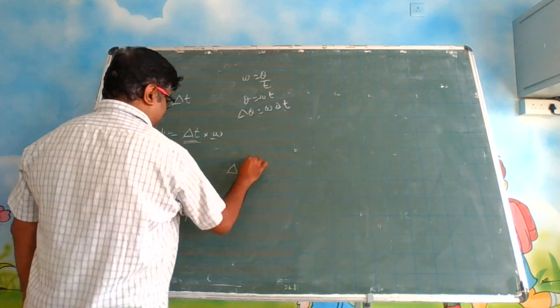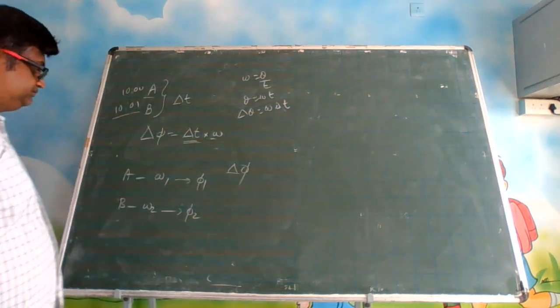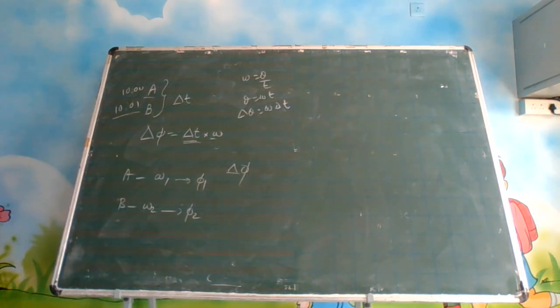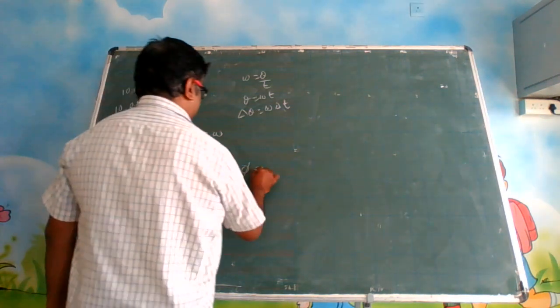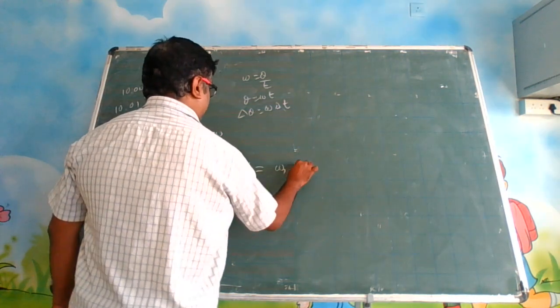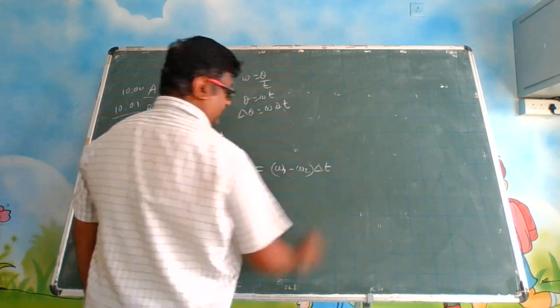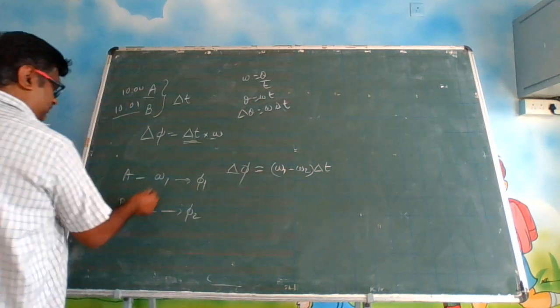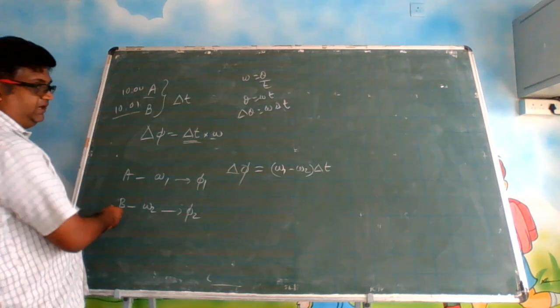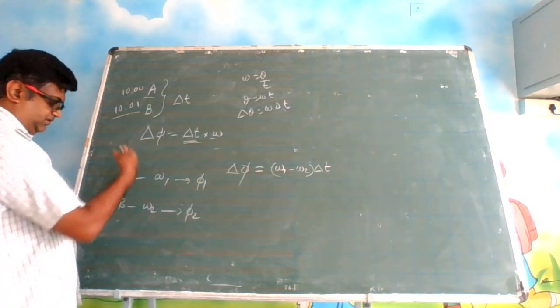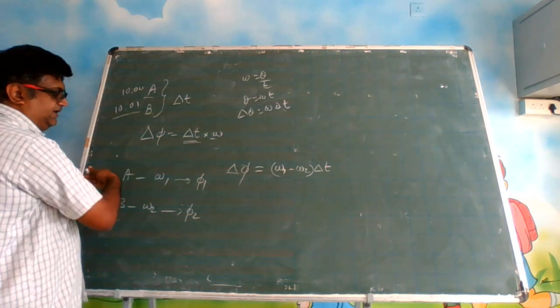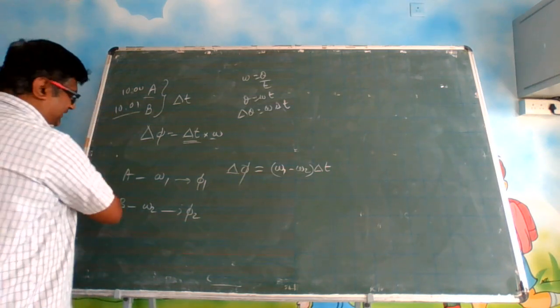Here the phase difference delta phi will be equal to omega 1 minus omega 2 into delta t, and here also we are saying that the B motion occurred delta t after A.